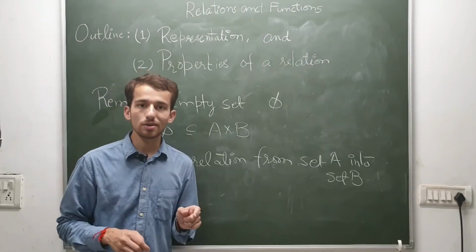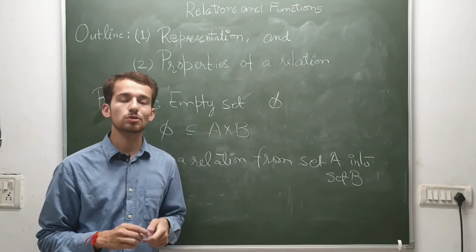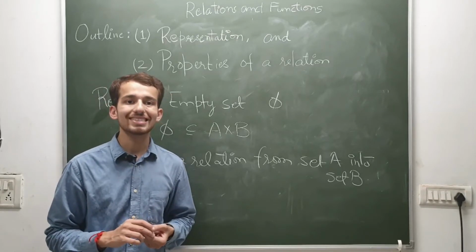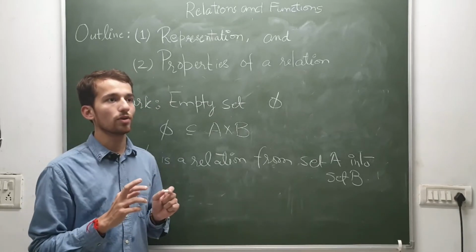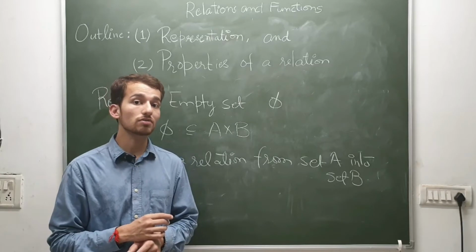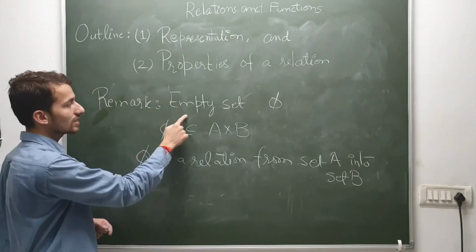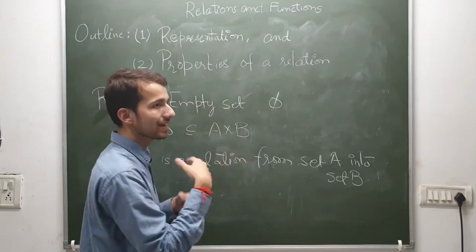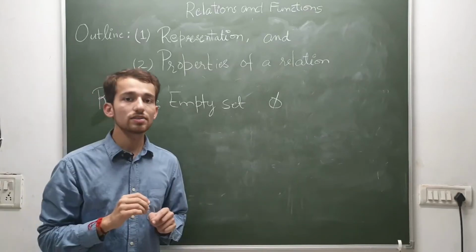In order for some capital R that we were calling a relation, the necessary condition was that there should be some relationship which the elements of the two sets must satisfy, and it should be a subset of the Cartesian product. So we can see easily that this empty set is always a subset of any set, so in particular of this Cartesian product, and so is a relation.